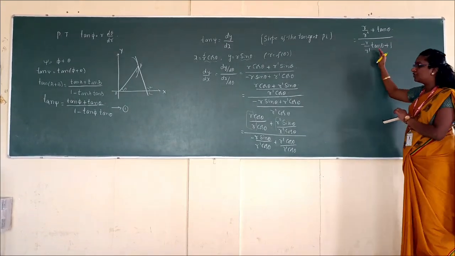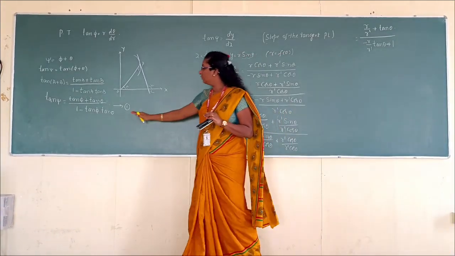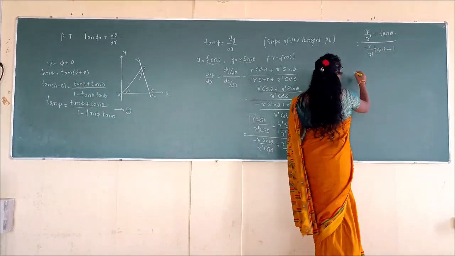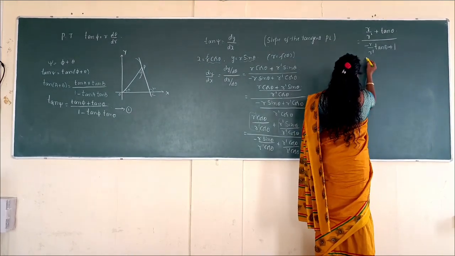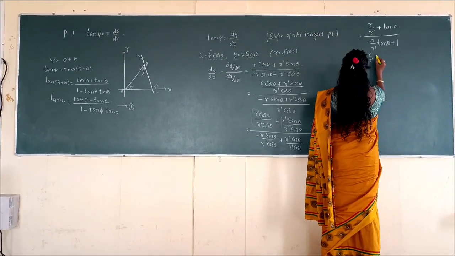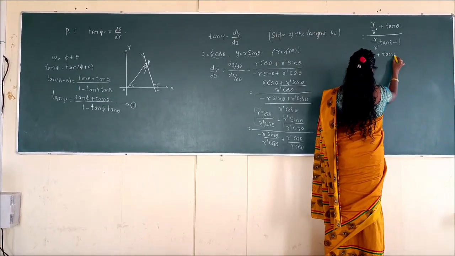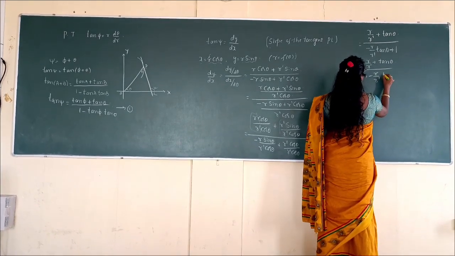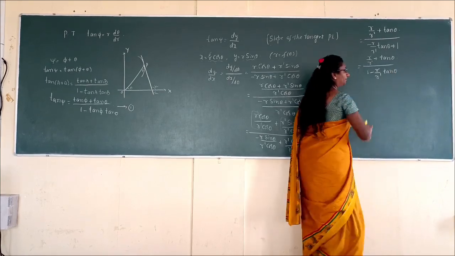Let me rearrange it according to the first equation, and we can frame it as r by r dash plus tan theta divided by 1 minus r by r dash into tan theta.